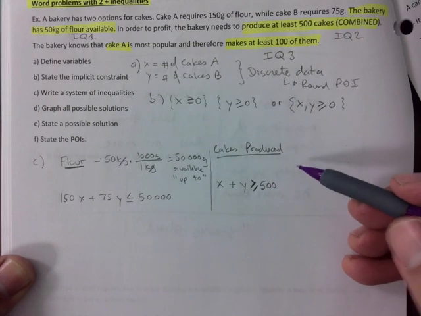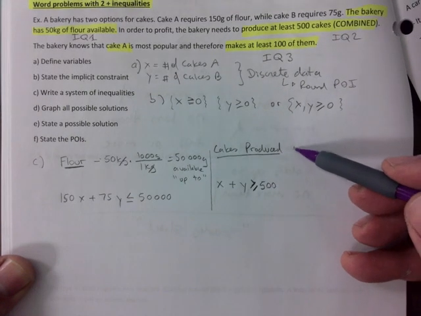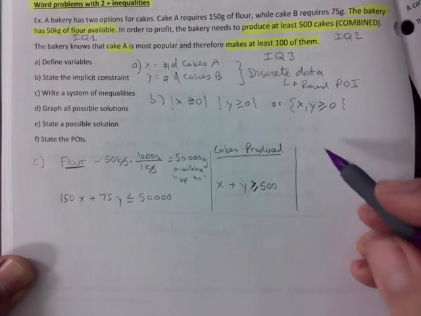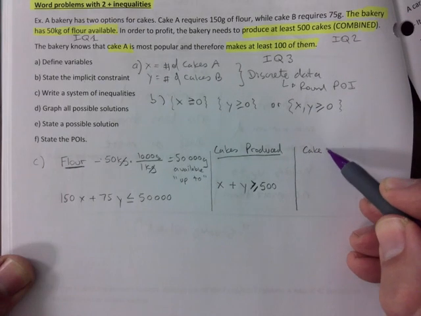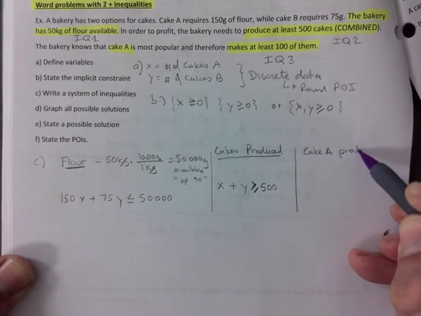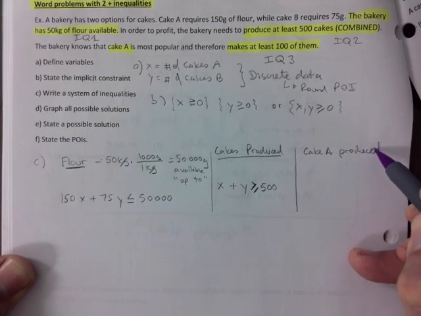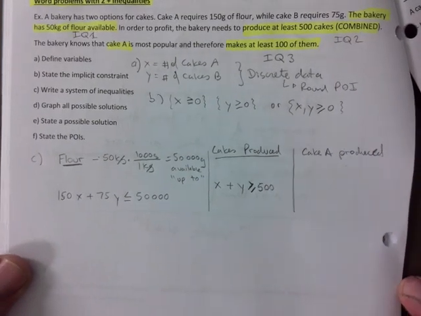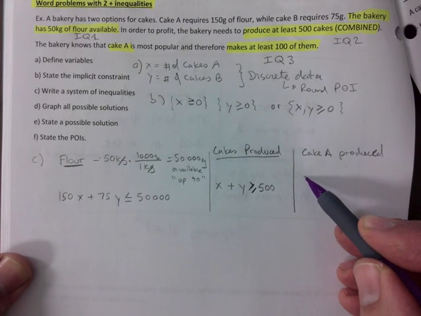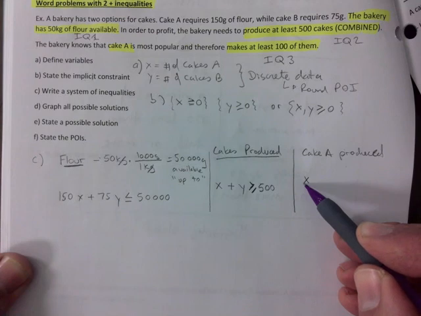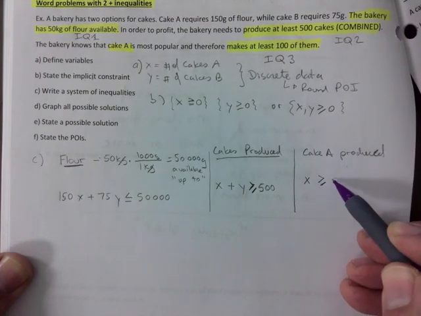Obviously, you need to sell them then. And last is cake A produced. This is specific to just cake A. So cake A is X. So X has to be at least 100.